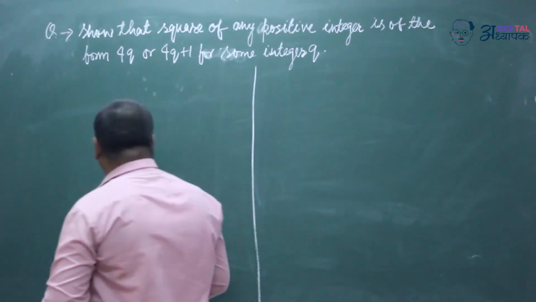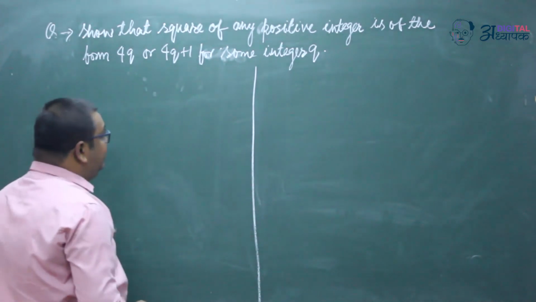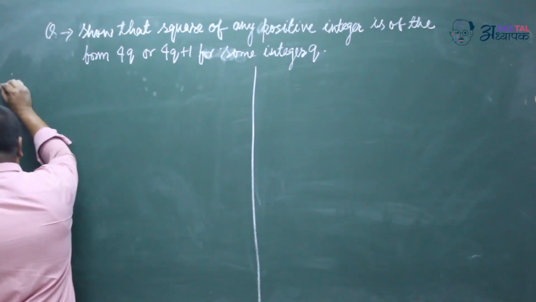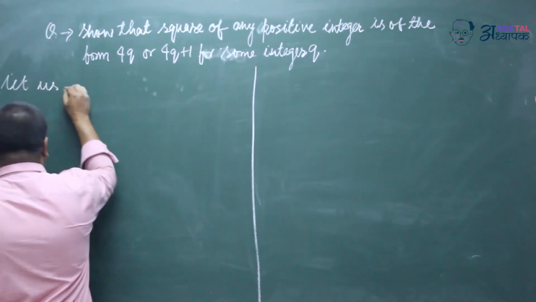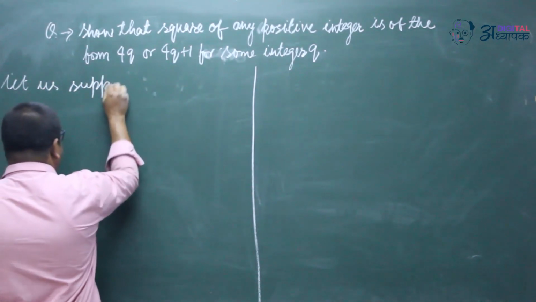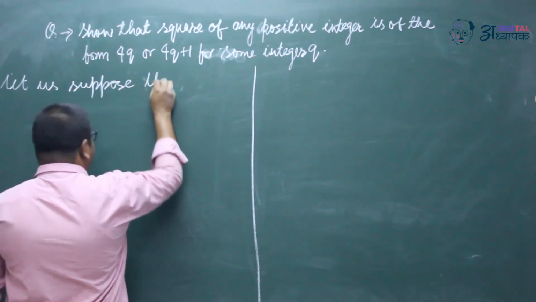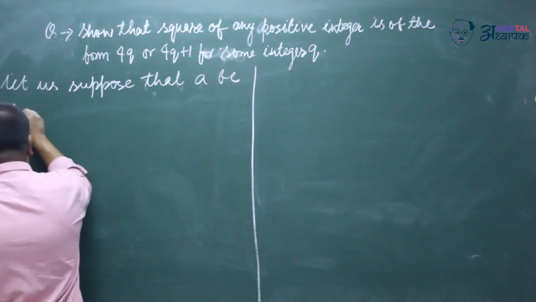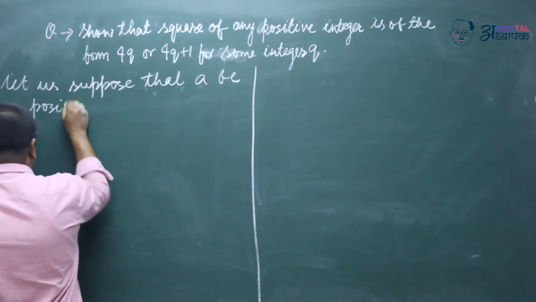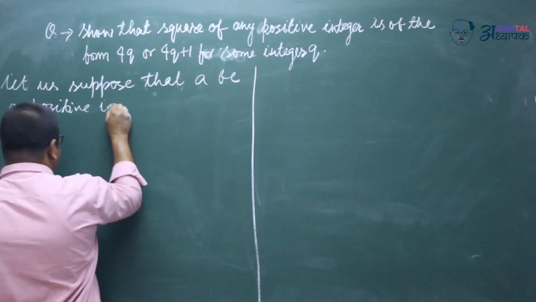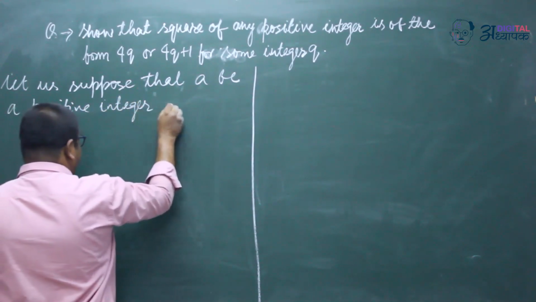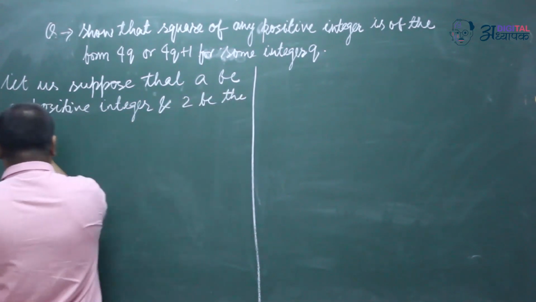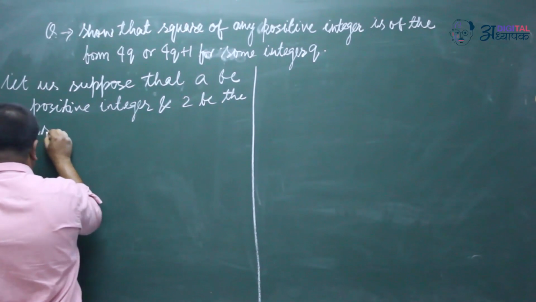Now let us start. See, it is written: show that the square of any positive integer is of the form 4q or 4q plus 1. So first of all, let us suppose that a be a positive integer and 2 be the divisor. Fine.